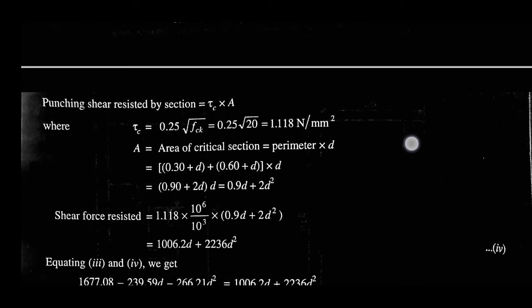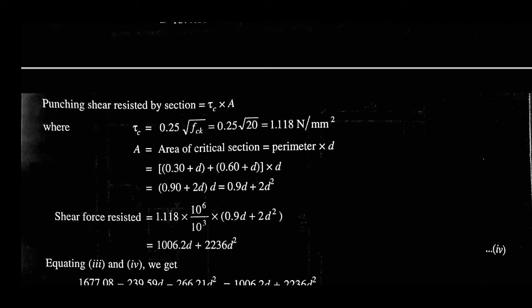Now the punching shear resisted by the section is tau c into area A. So tau c is 0.25 root over fck, that is 0.25 root over 20, that is equal to 1.118 Newton per millimeter square. Capital A, the area of the critical section, is equal to perimeter into d, that is 0.30 plus d plus 0.60 plus d bracket closed multiplied by d.